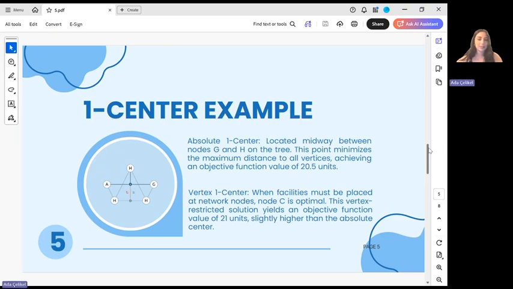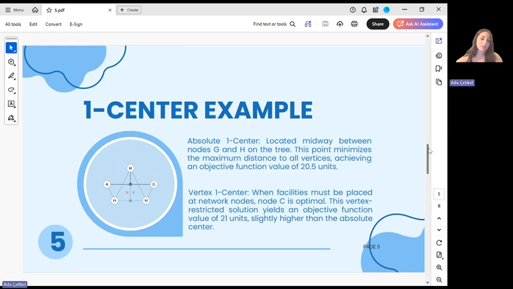Here we can see an example of the one-center problem. The absolute one-center is located between nodes G and H, and this solution gives the minimum maximum distance, which is 20.5 units. However, if we restrict the facility to existing nodes only, then node C becomes the best option.